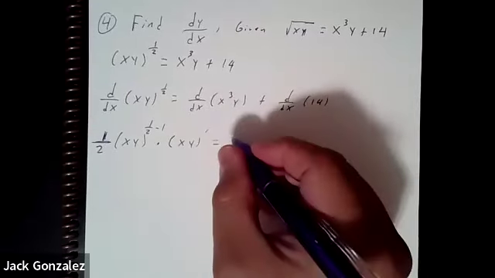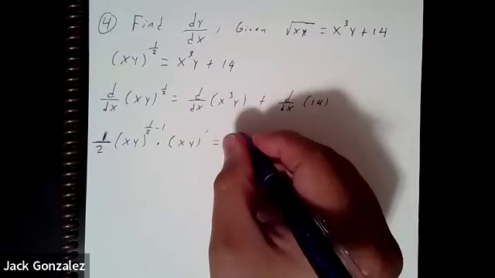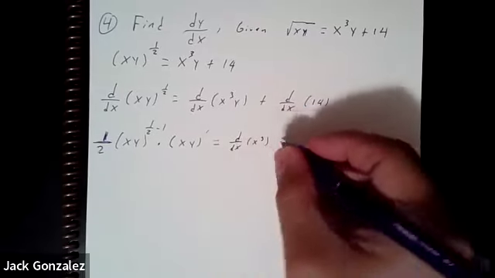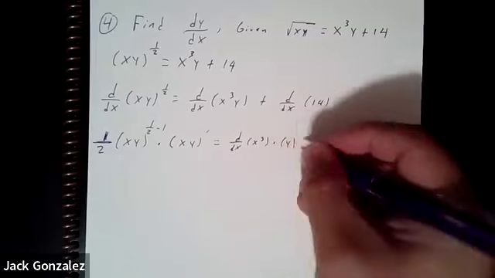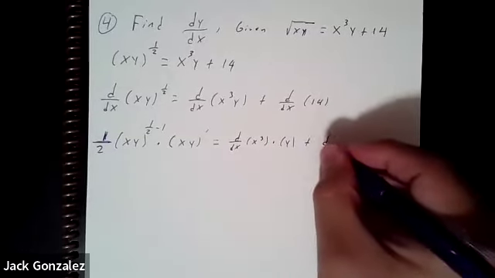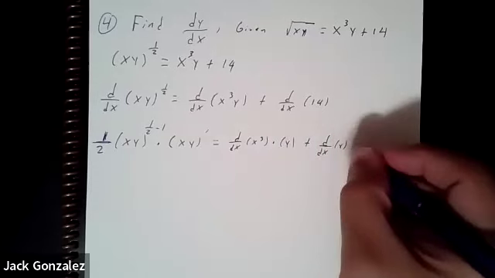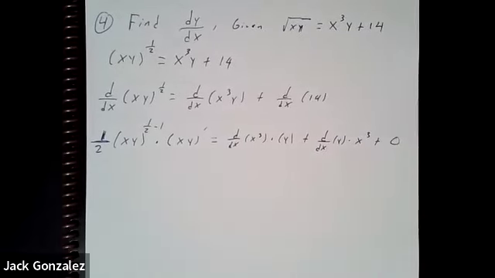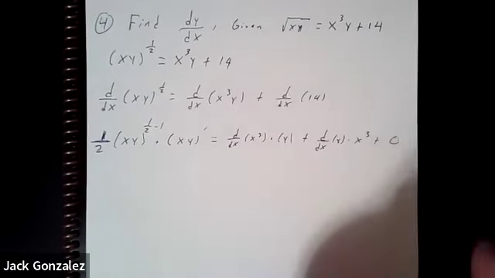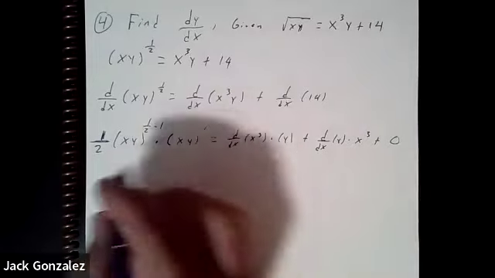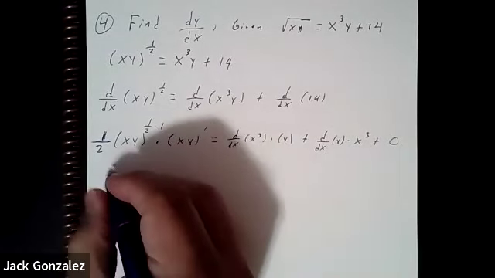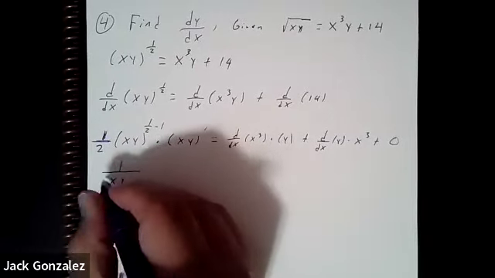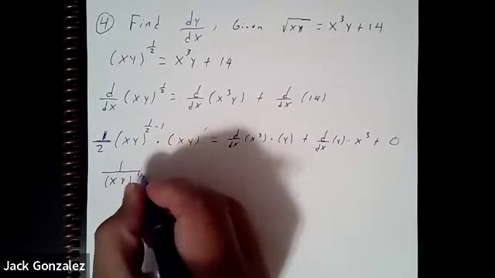The derivative of this is going to be d/dx of x cubed times the y, plus d/dx of y times the x cubed, plus 0, but it's unnecessary, right? So this will be 1 over xy to the 1/2. I skipped a step there.